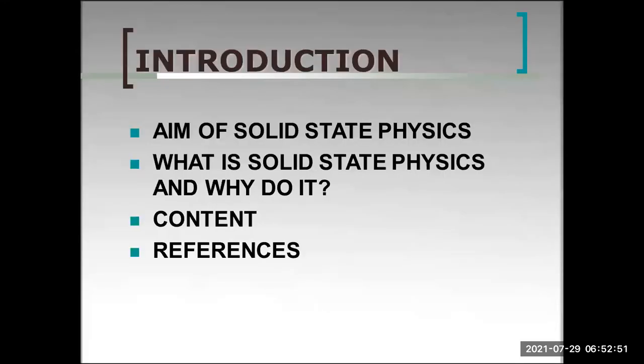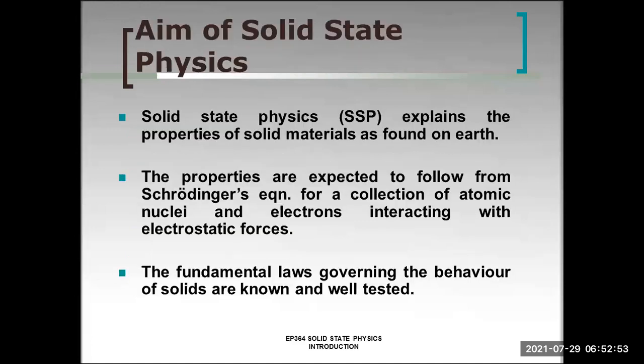state physics. Now, when we start with solid state physics, you can see what our aim is. Our aim is to explain the properties of different solid materials which are found on the surface of the earth. These materials can easily be explained by means of some mathematical verifications.